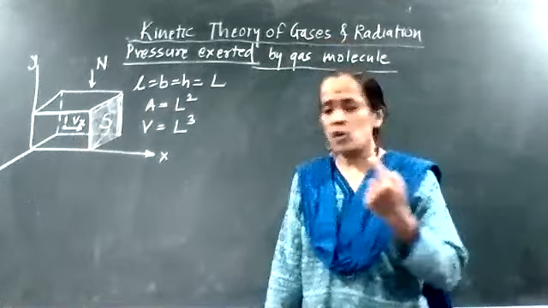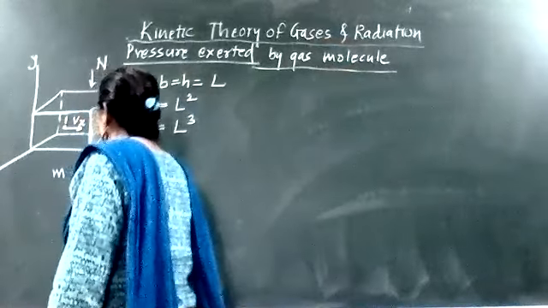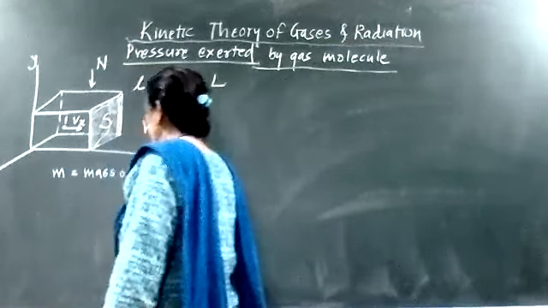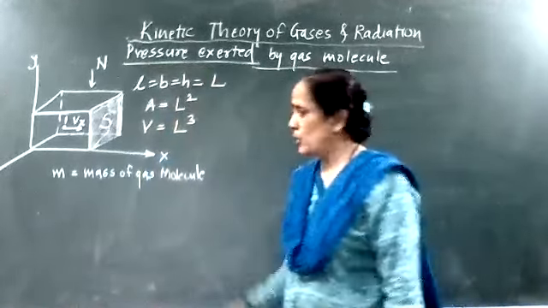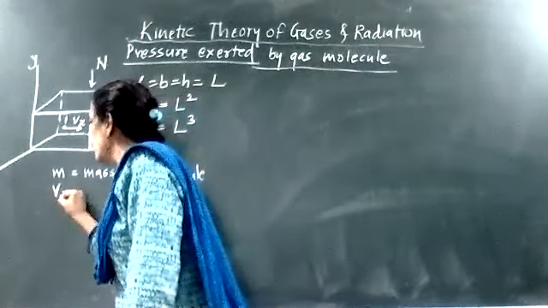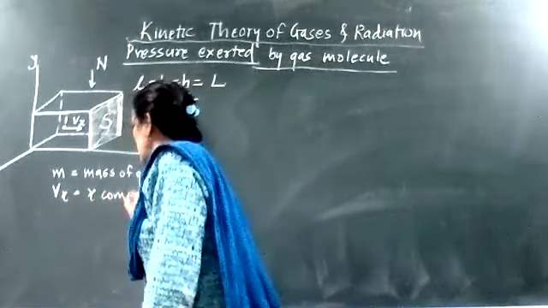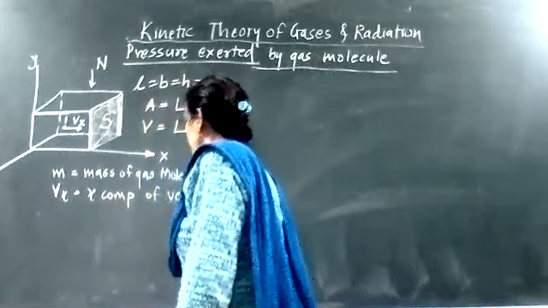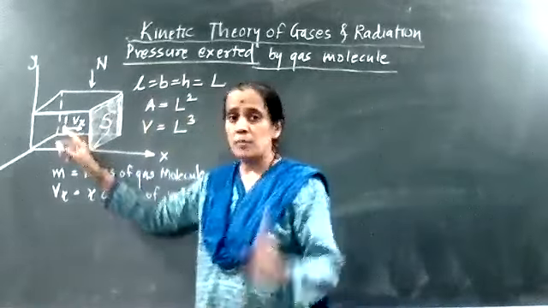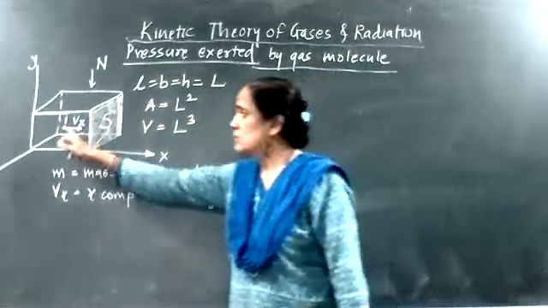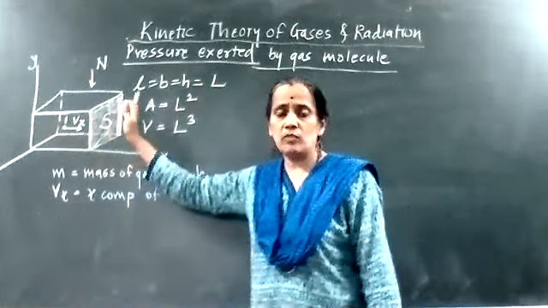I am considering a single molecule, so m is nothing but the mass of the gas molecule. This gas molecule is traveling with velocity Vx. Vx is nothing but the x component of velocity. So now this molecule 1 is moving with velocity Vx and it is traveling towards this shaded region which is marked as S.